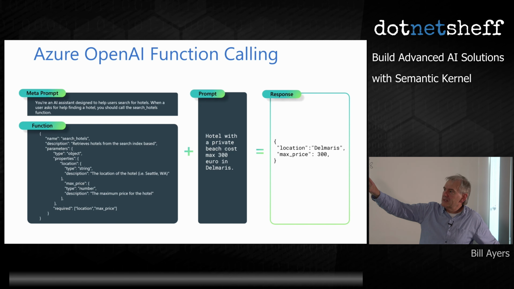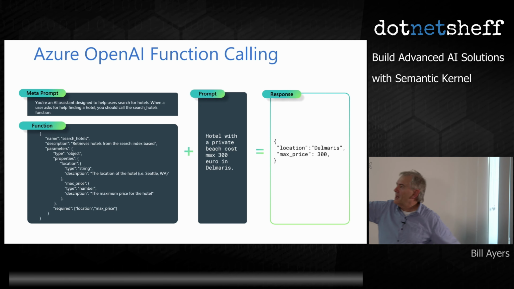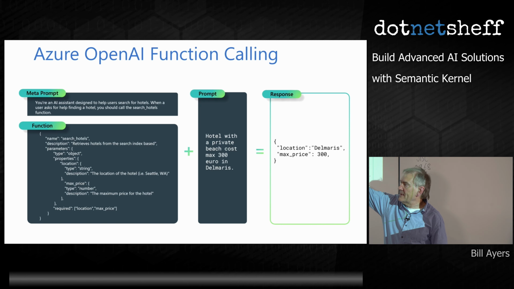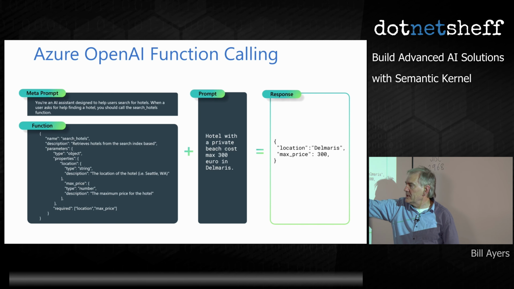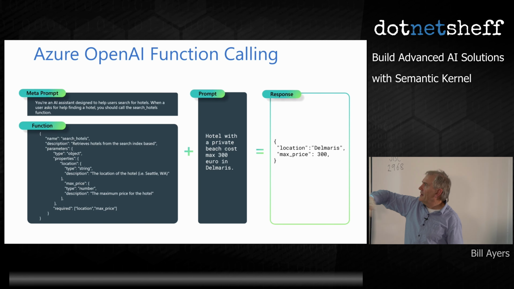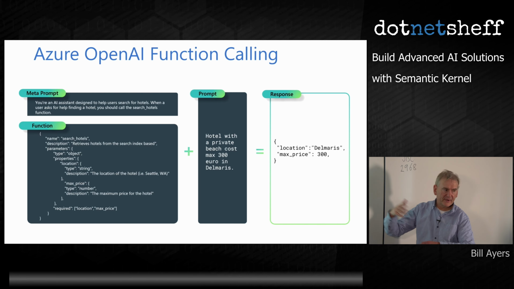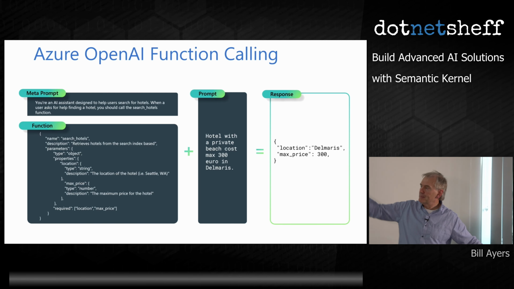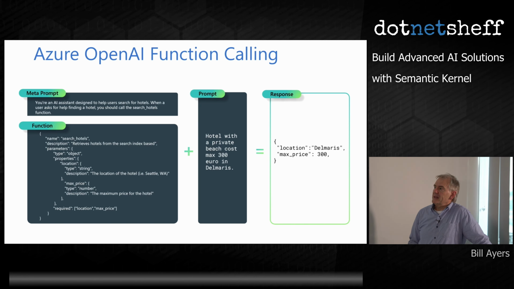So it sends that request in, and then the prompt will be whatever the user typed in: hotel with a private beach, cost max €300 in Del Maris. And you'll get a response again in JSON from whatever this function is, which has to be sent back to the model and then interpreted.